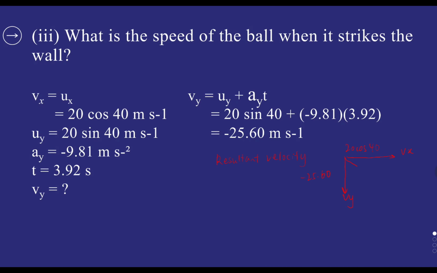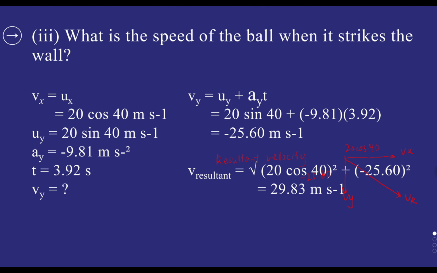And this is the resultant velocity. To find the resultant velocity, we use the square root of 20 cos 40 squared plus negative 25.60 squared. So our final answer is 29.83 meters per second.